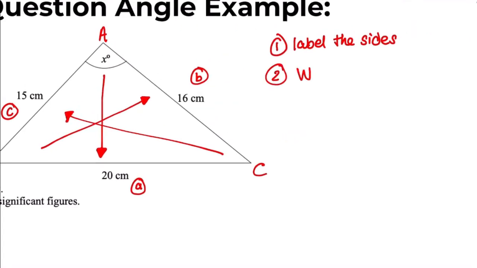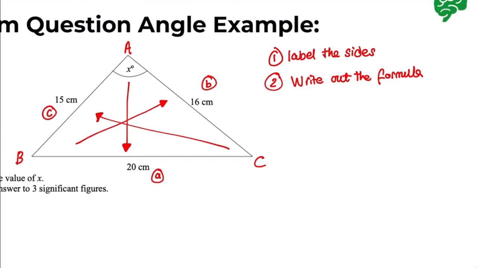Second step is we're going to write out the formula. The formula is nothing different; it's literally what we had on the previous slide. So cos A equals b squared plus c squared minus a squared over 2bc.